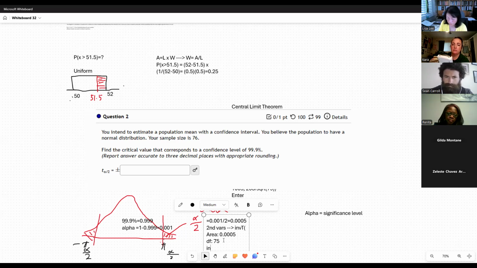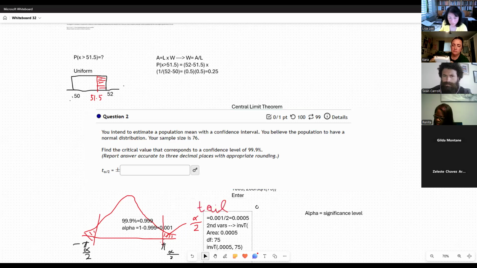So you will come up with inverse T of 0.0005 comma 75 degrees of freedom, right? And hit enter. When you hit enter on this one, you will see the answer. Okay.